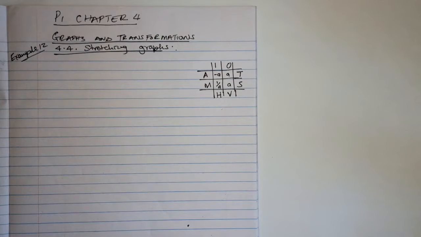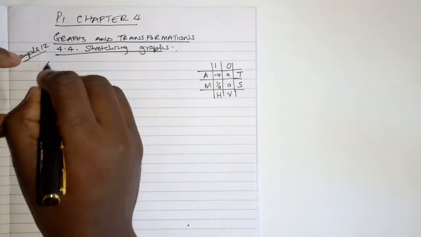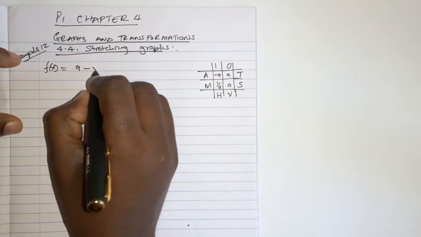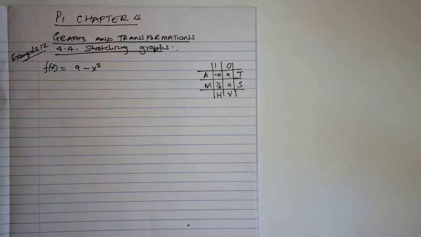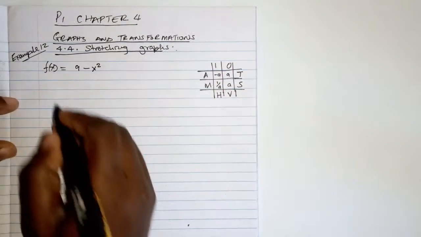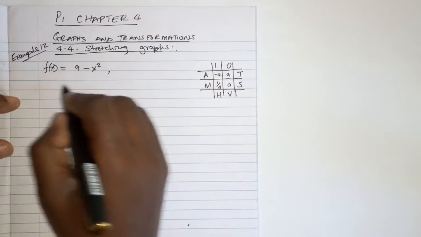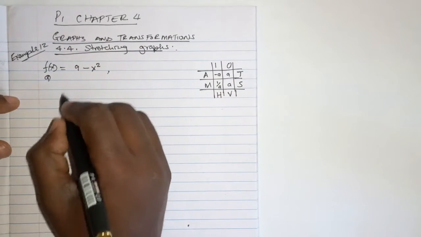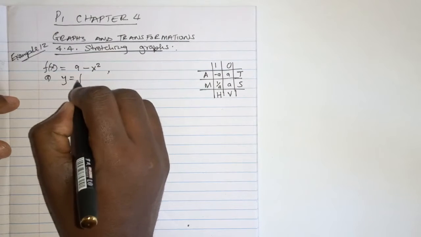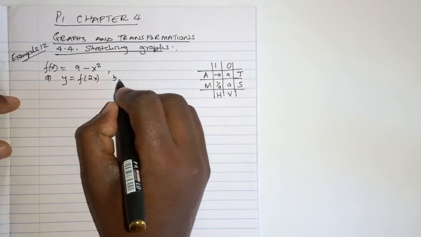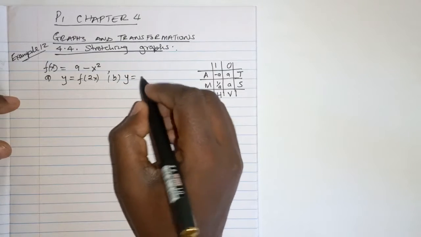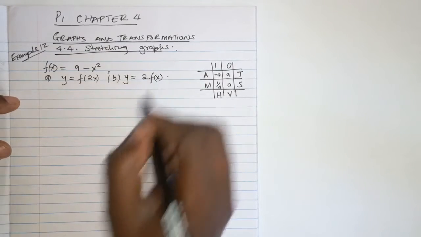In example 11, on page 72, given that f(x) is 9 minus x squared, sketch the curves with equation A, y is equal to f(2x), and B, y is equal to 2f(x).